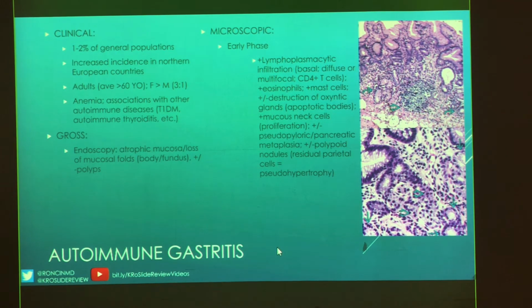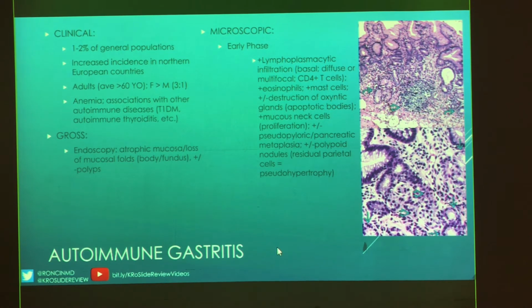On endoscopy, the mucosa is going to look very atrophic, so there's going to be loss of those mucosal folds in the body and fundus, and they may or may not have polyps. I think both these cases fit within the lymphoplasmacytic infiltration. Again, if somebody disagrees, that would be great to either comment in the chat now or on the video later on.